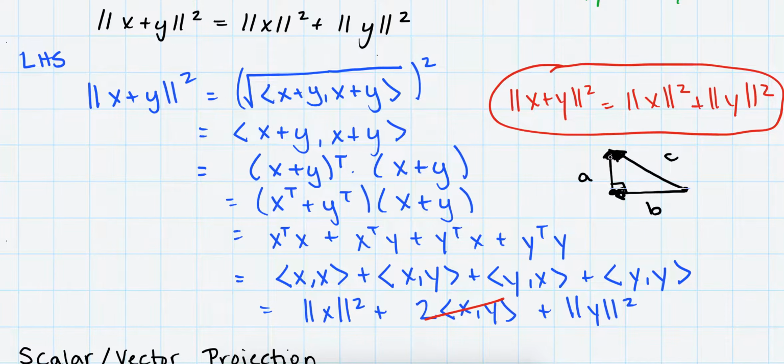Because B plus A, which is the same thing as A plus B, that is going to be this vector C. And so from what we have here, we have that C squared, which is this x plus y, the length of that squared is a squared plus b squared.